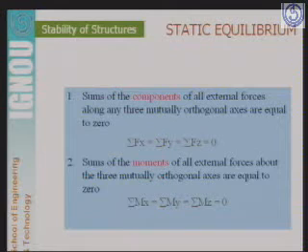Sigma Fx means that if you take any three orthogonal axes, the sum of the components of all the forces in the x direction will be equal to 0. So these are the necessary conditions for static equilibrium.